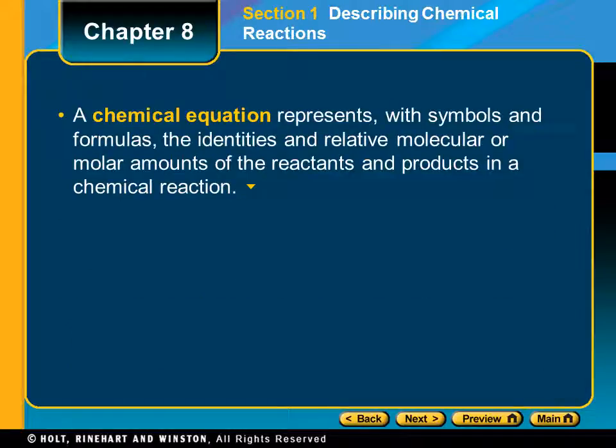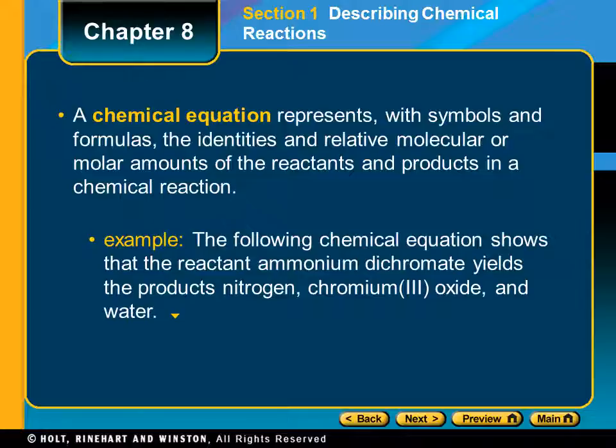A chemical equation represents symbolically and through formulas the identities and relative molecular or molar amounts of the reactants and products. So remember again, the reactants are what you start with, products are what you end up with.